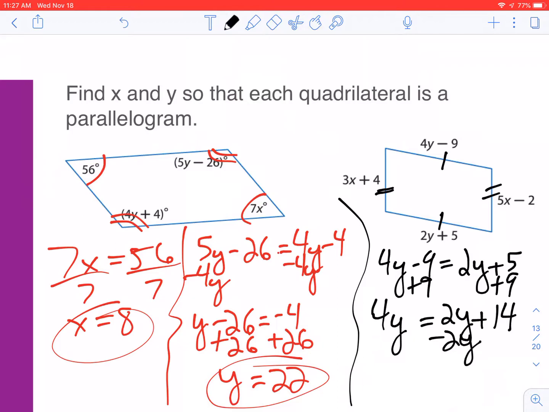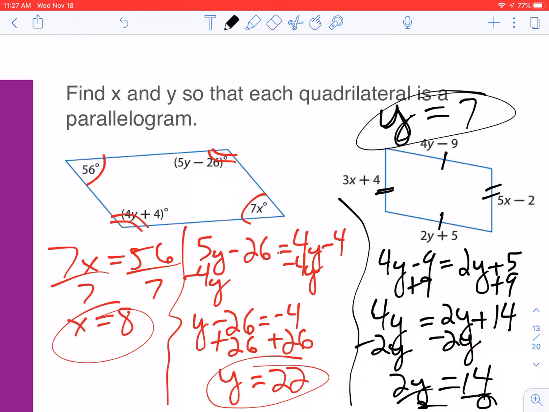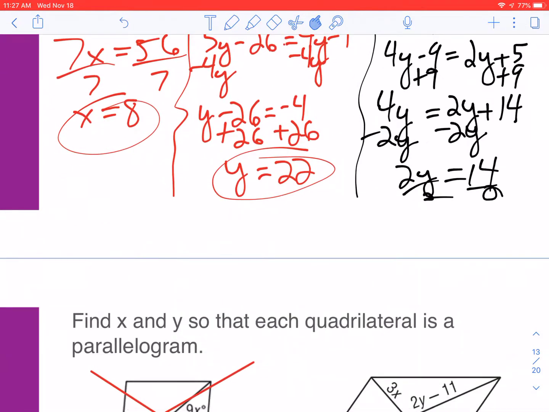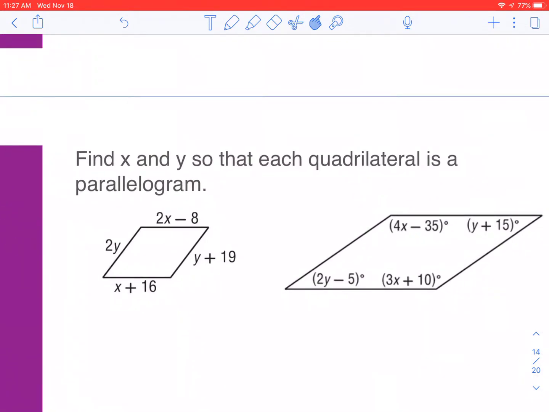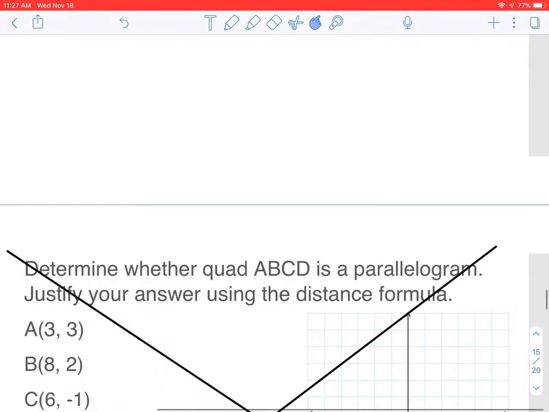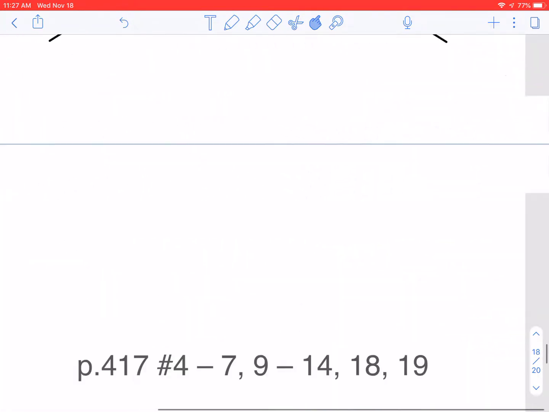Minus 2y, minus 2y. 2y equals 14. Divide by 2, divide by 2. I'll write it way up top here. y equals 7. So basically we're setting the opposite angles congruent or the opposite sides congruent in a parallelogram. Okay, I'm looking ahead here, crossed out a bunch.